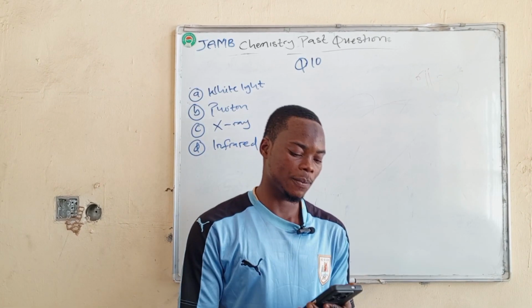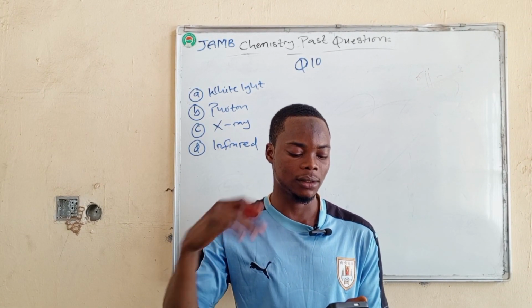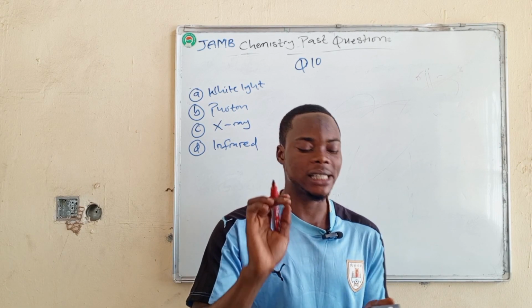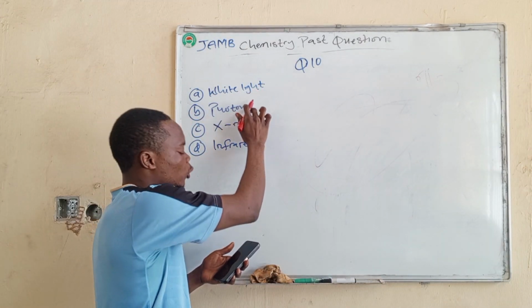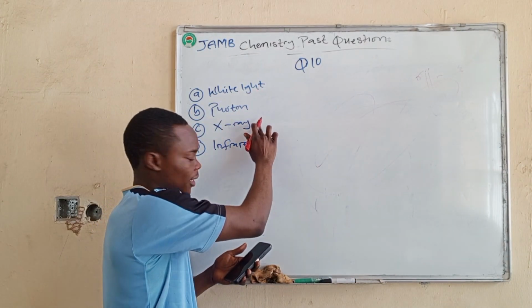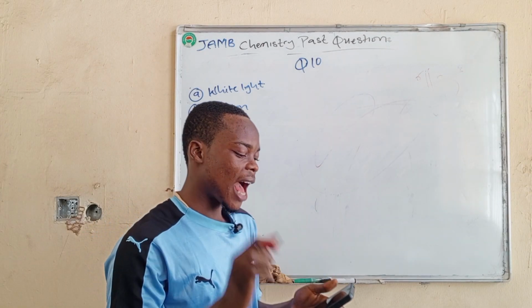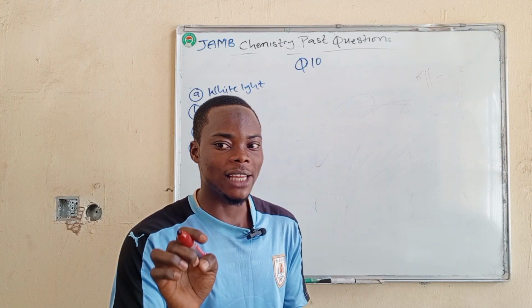Number 10. All these are electromagnetic waves except dash. A. White light. B. Photon. C. X-ray. D. Infrared. All these are electromagnetic waves except, and the word except is underlined.